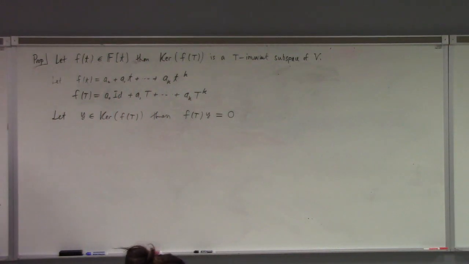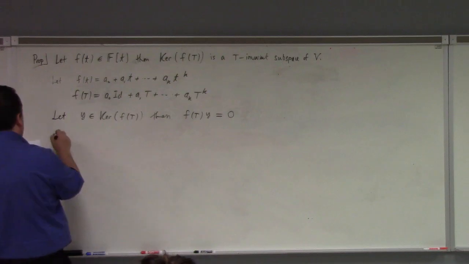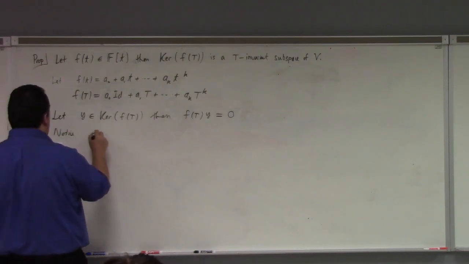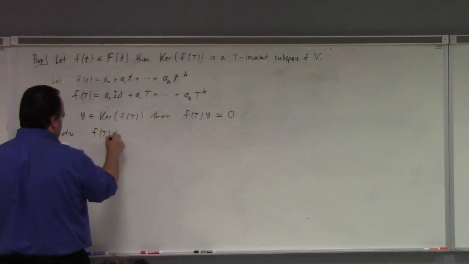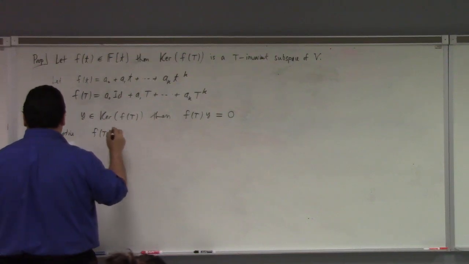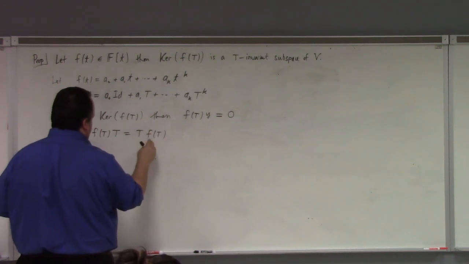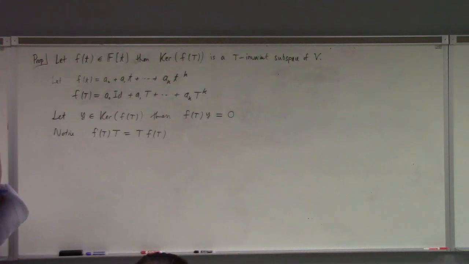By definition of kernel. But we also should notice that f of T as an operator commutes with T. So f of T times T is equal to T times f of T. Now, what I'm writing here is an expression about the composition of operators. But any operator commutes with a polynomial of itself.